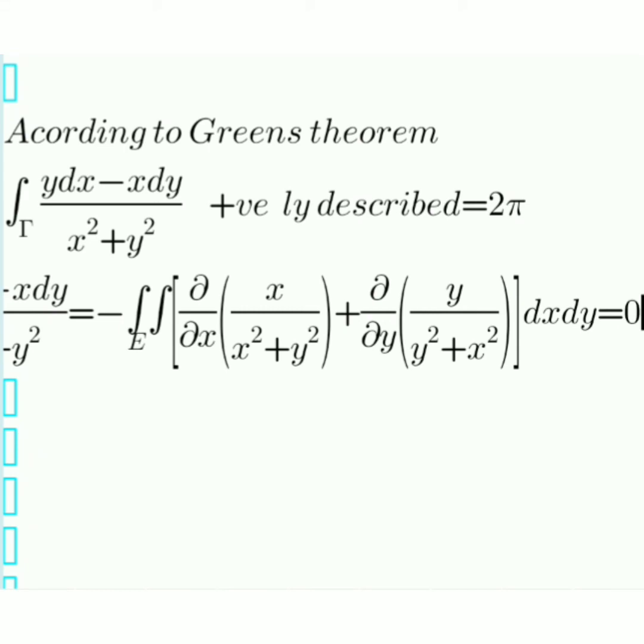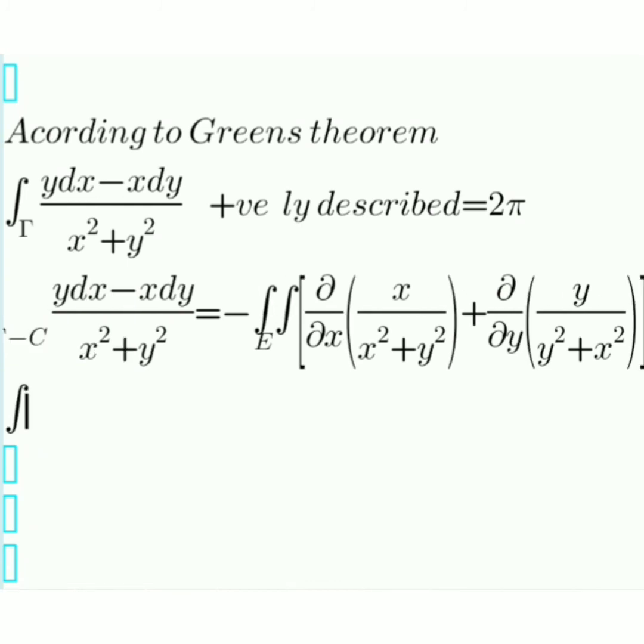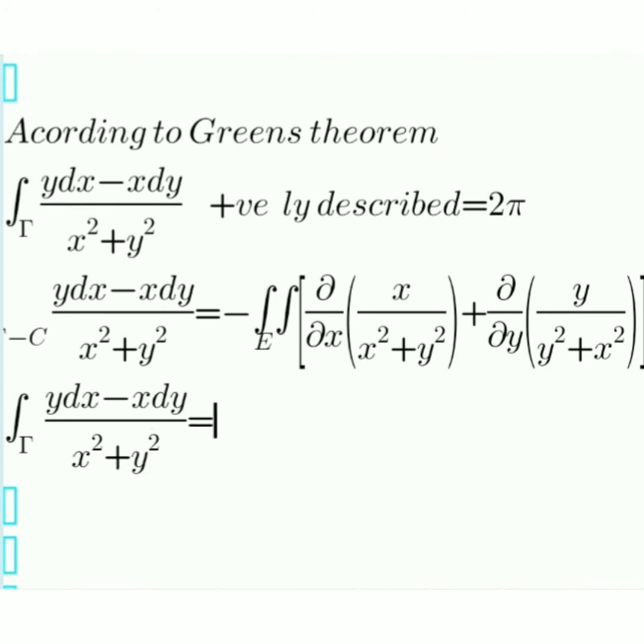So I get another way: gamma of y dx minus x dy over x square plus y square is equal to the circle C. I can take a circle C, and I can write y dx minus x dy.